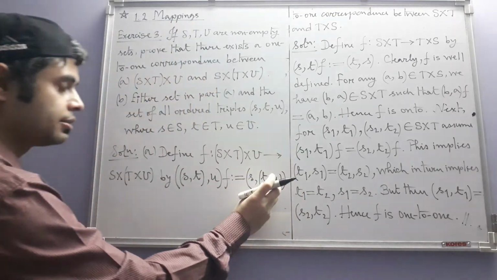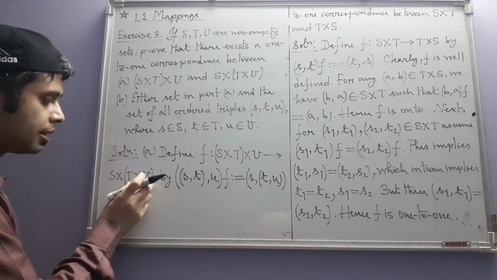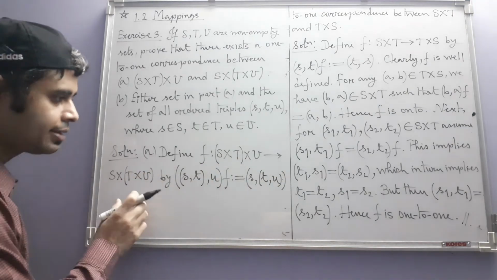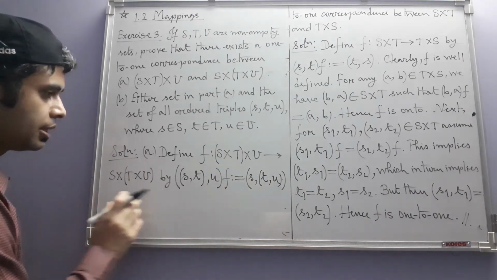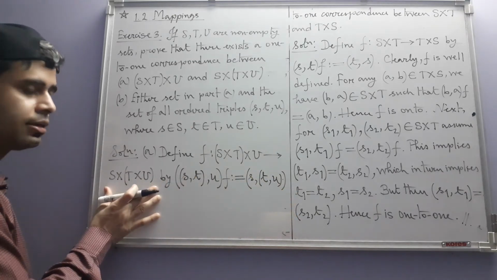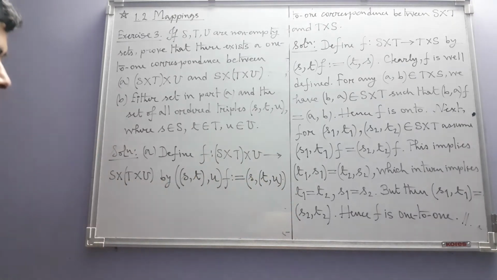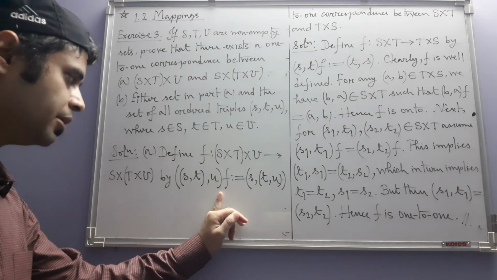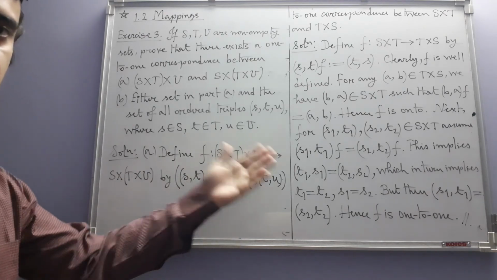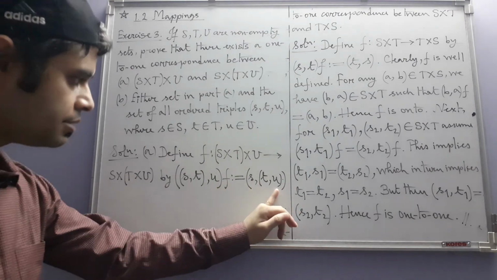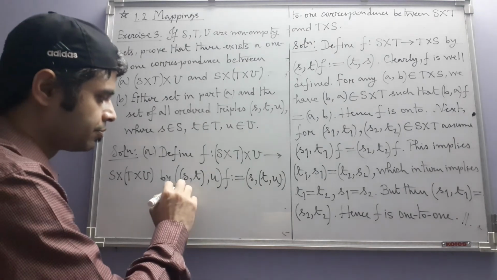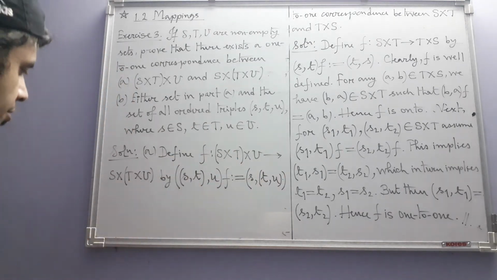Now note that this is an ordered pair in this, so it's a legitimate element in this, and since s belongs to S, this is ultimately an element in this. Further, because for this element which I am mapping onto something, this is unique, you can clearly see why the mapping is well defined.